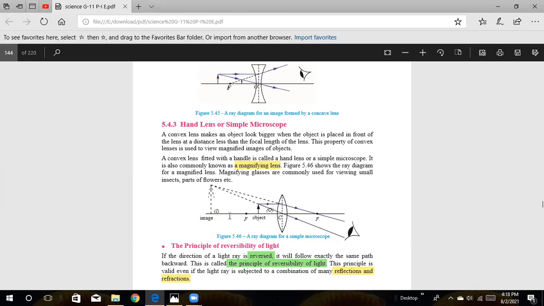The object is magnified. We can observe many parts of this image, and a small insect or part of a flower we can observe under this simple microscope.